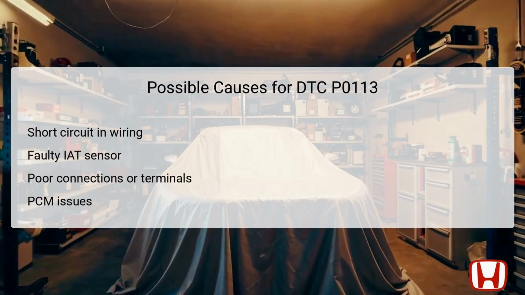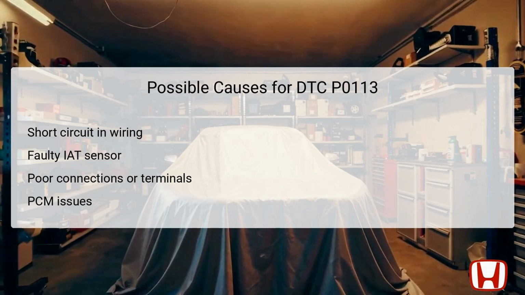Understanding the possible causes for DTC P0113 is essential in effectively diagnosing the issue. One primary cause could be a short circuit within the connector or wiring leading to the IAT sensor, which could result in high voltage readings. A faulty IAT sensor itself can also trigger this DTC, indicating an internal failure or abnormal resistance.